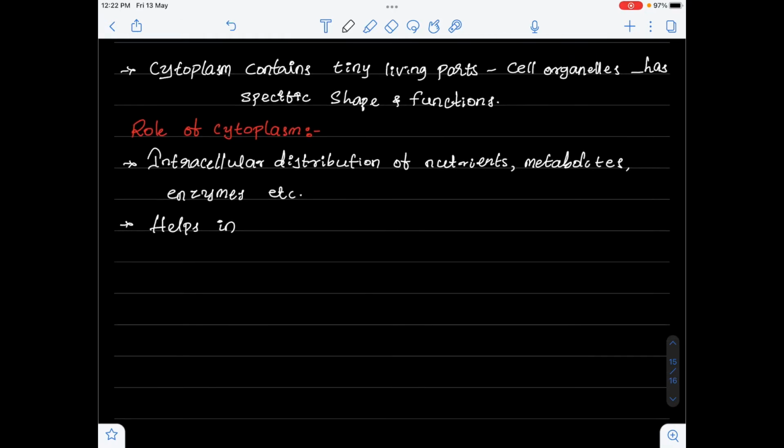And another important role, cytoplasm helps in exchange of materials between cell organelles.